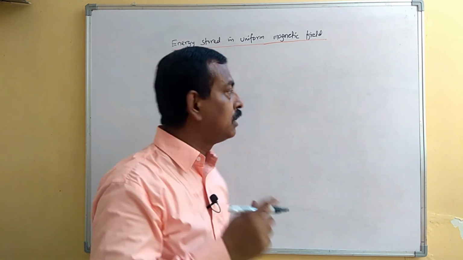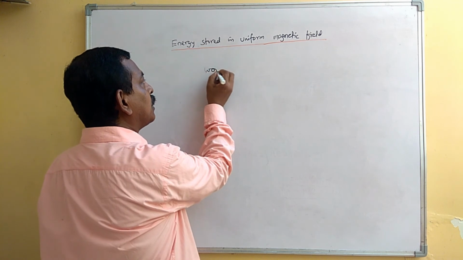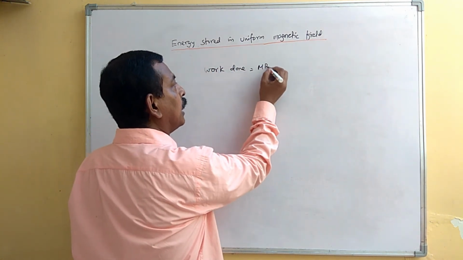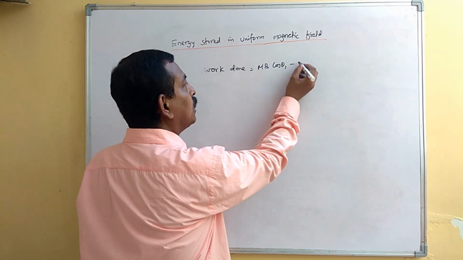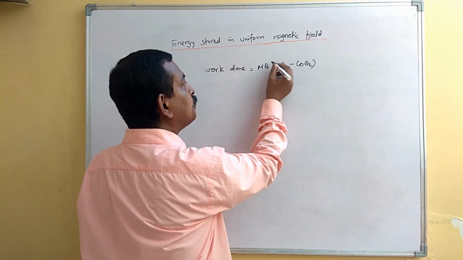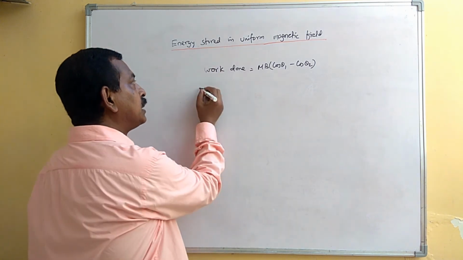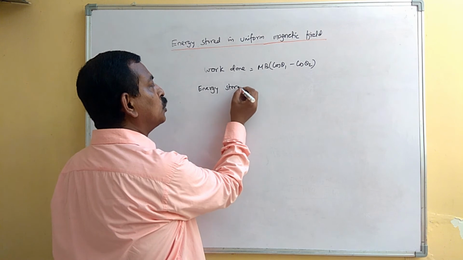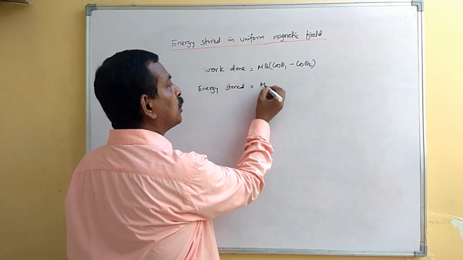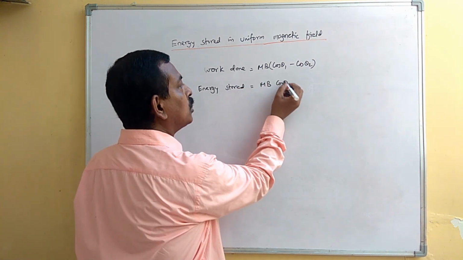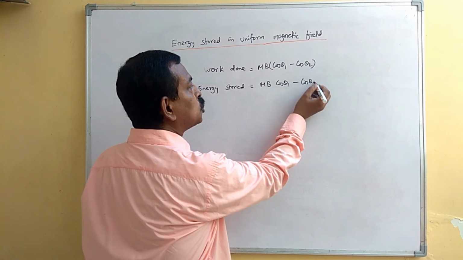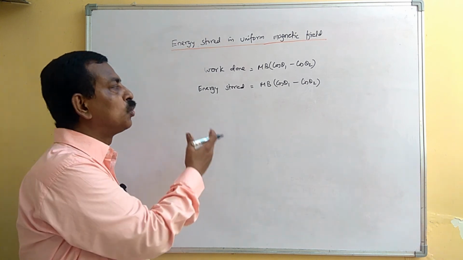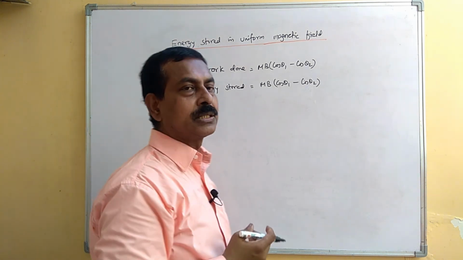So the work done, as we have taken, is mB (cos theta 1 minus cos theta 2). The energy stored will also be equal to this expression, because whatever work is done on the system is stored as its potential energy.